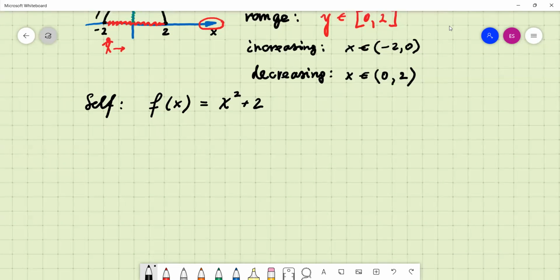I want you to find the domain of this function, range of this function, increasing and decreasing. And I want you to graph it first. I think that's going to help us a lot to identify all this stuff. And as usual, you can stop my video, do the graph, see how the graph looks and write down all the intervals. Probably you need 5 minutes. And then turn the video back and watch how I solve it.